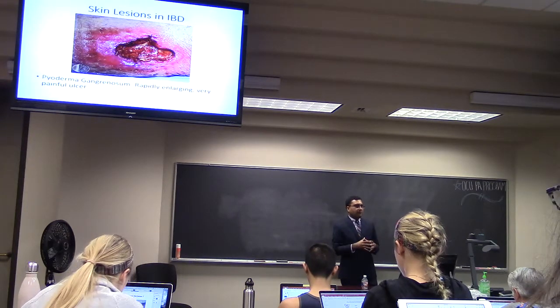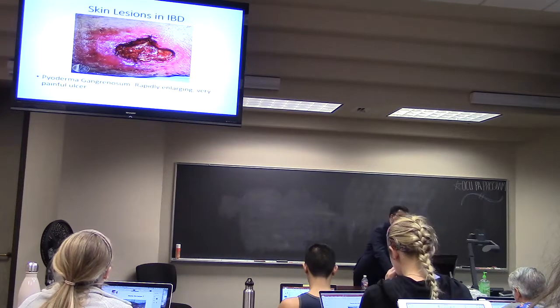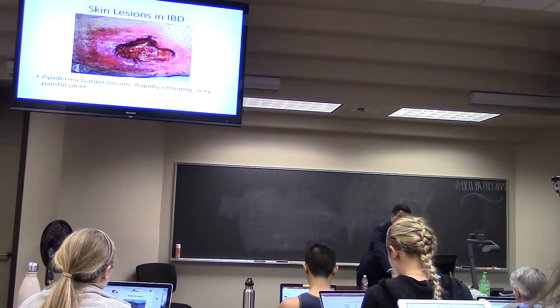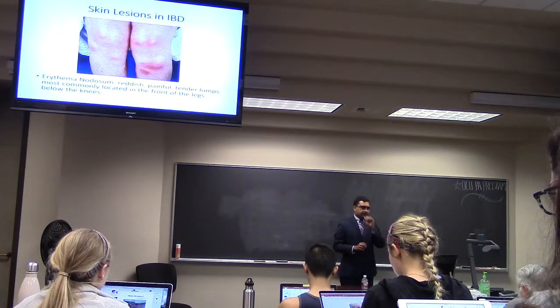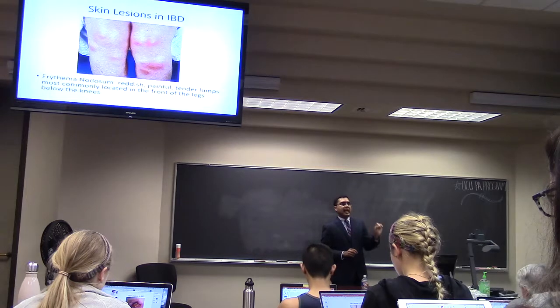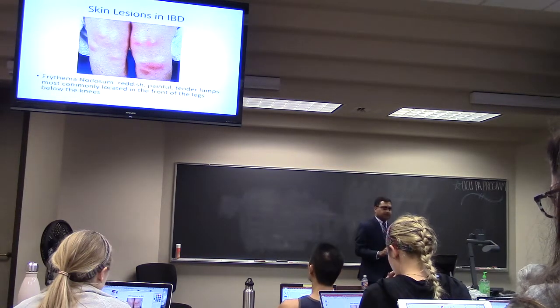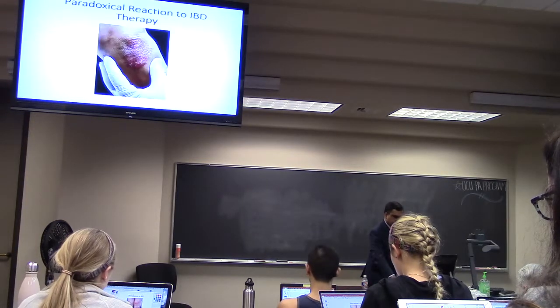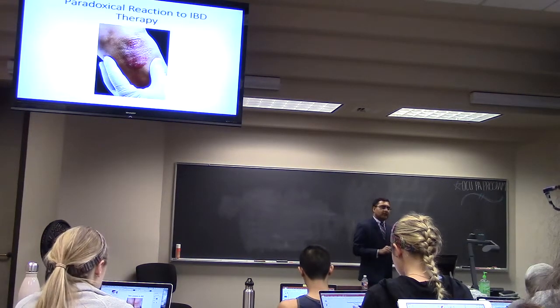Rapidly enlarging, painful ulcer. Usually on the legs. This is called erythema nodosum. Painful, tender lumps. Common in Crohn's disease. This is a paradoxical reaction to IBD therapy.